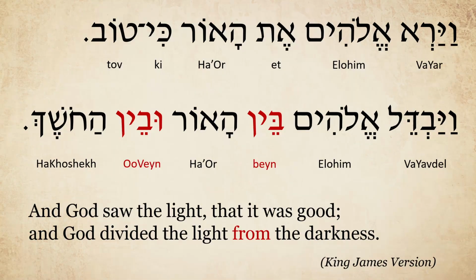The 9th and 11th words of the verse are almost identical, bein. This means between. In Hebrew, we often use the structure in this verse, between and between. This form is actually quite helpful when you have a list of items divided into two groups.